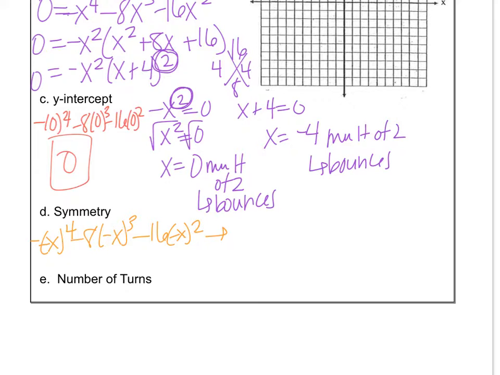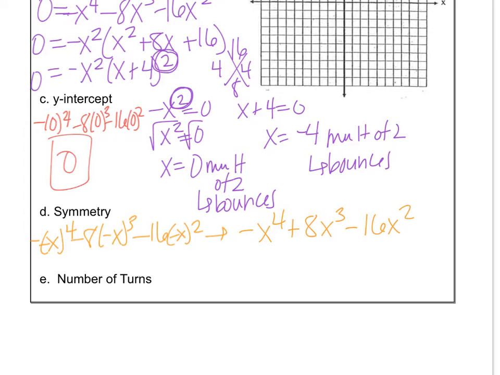Did we notice anything about the symmetry yet? Anybody? You should have gotten that it's negative x to the 4th, but then it changes to plus 8x cubed because it stays negative and two negatives make it positive, and then it stays minus 16x squared.